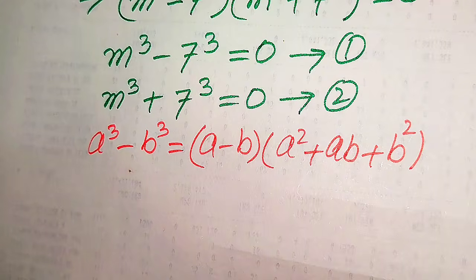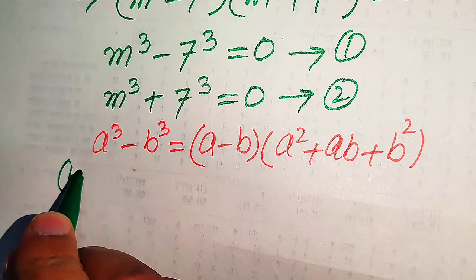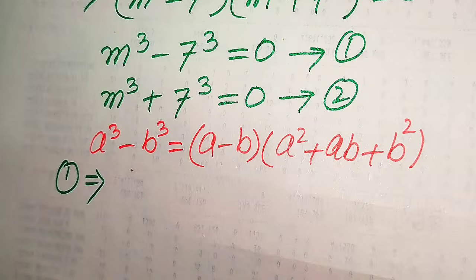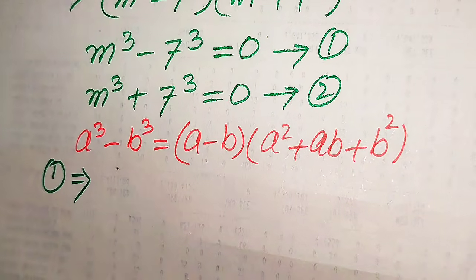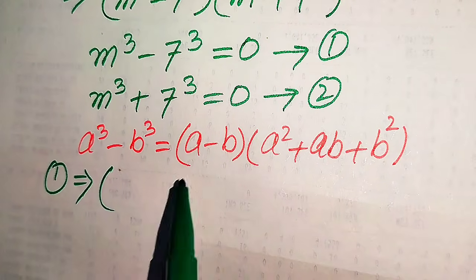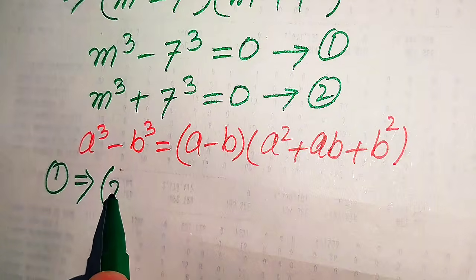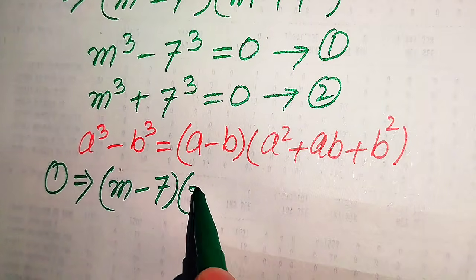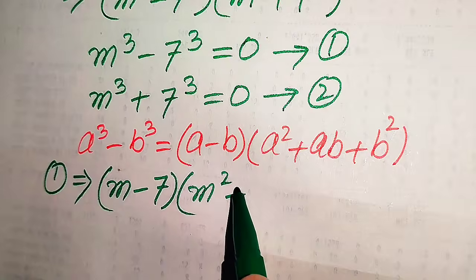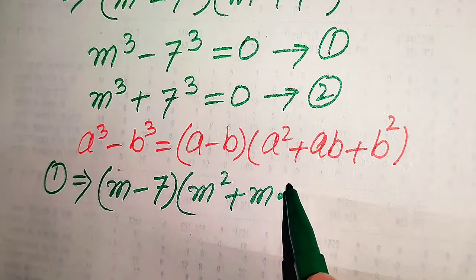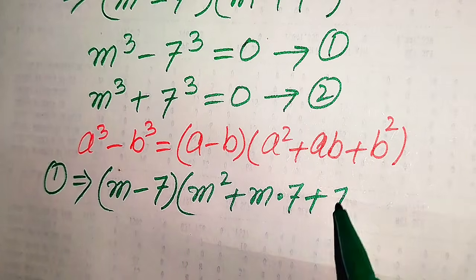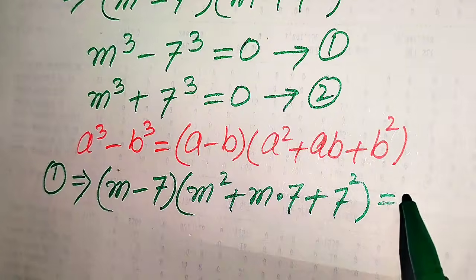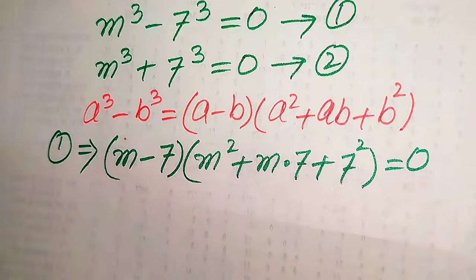After applying this cubic formula to equation number 1, this becomes a minus b, where a is m and b is 7, into a square plus ab plus b square, which is m square plus m into 7 plus 7 square, and this whole equation is equal to 0.